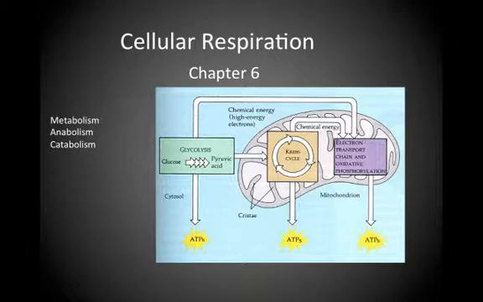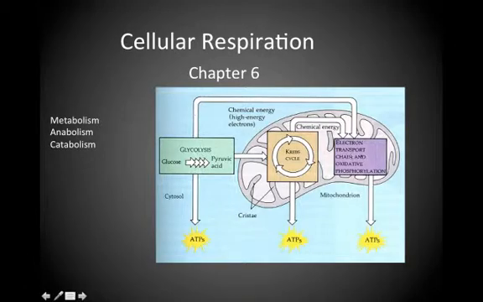It includes three major processes: glycolysis, the Krebs cycle or the TCA, and the electron transport chain. So far we've talked about glycolysis, the pre-TCA reactions or pre-Krebs reactions, and the Krebs cycle a little bit, that happens in the mitochondrial matrix.